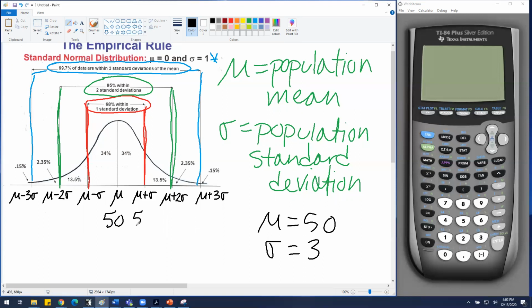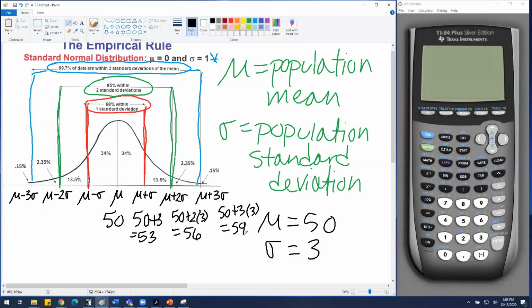And then you do the mean plus the standard deviation, the mean plus 2 standard deviations, and then the mean plus 3 standard deviations.